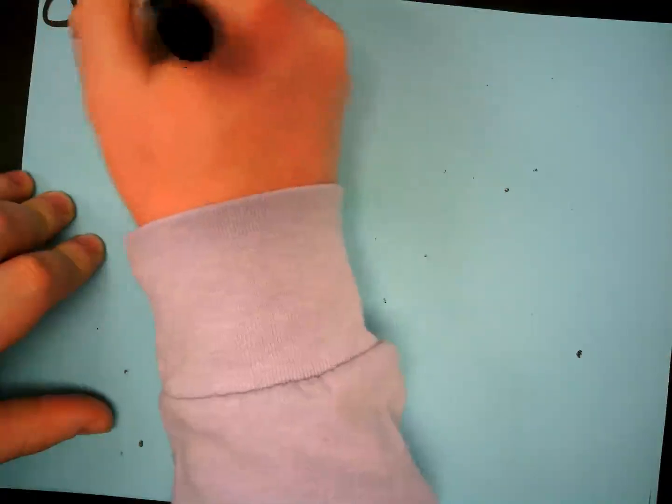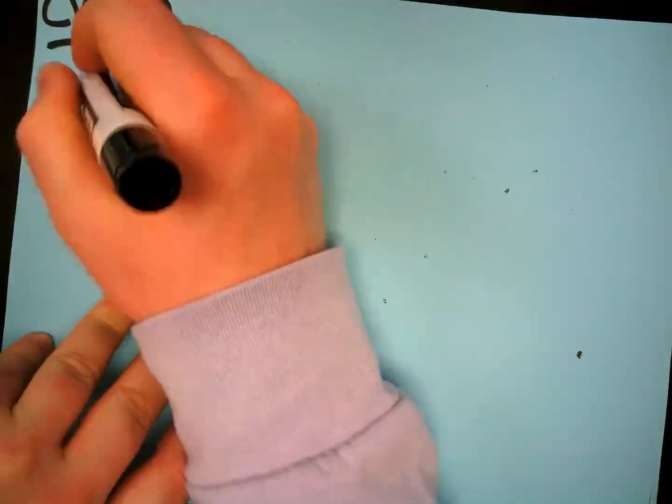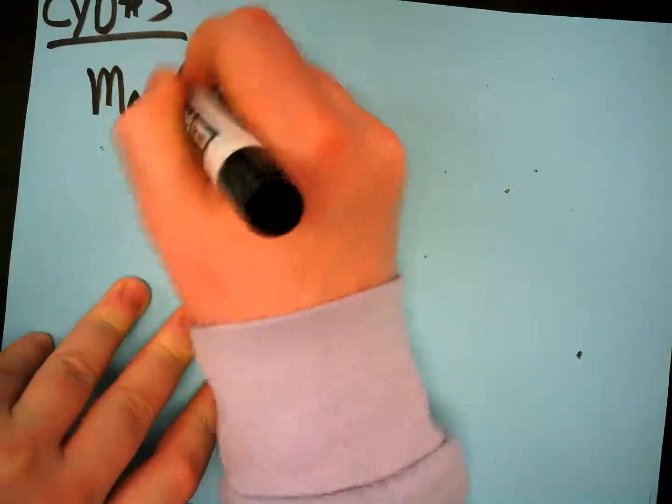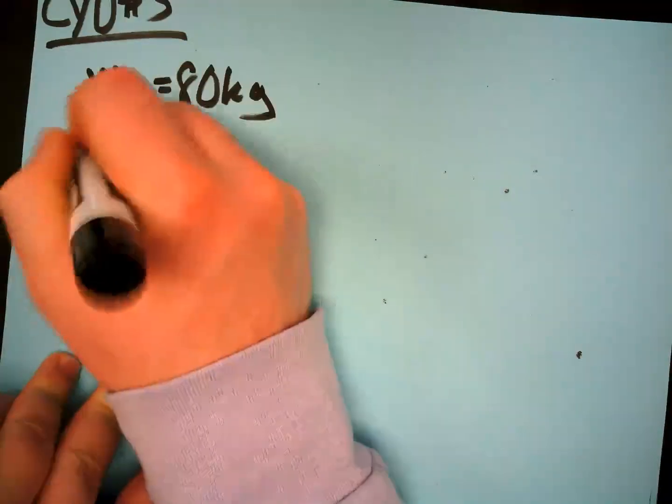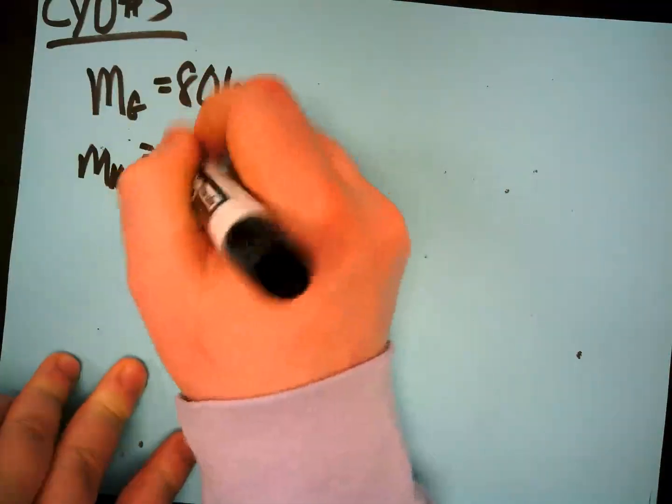Okay. Now this one we can do a number of ways. So let's just write down our variables. We've got the mass of grandma, 80 kilograms, mass of kid, 40 kilograms.